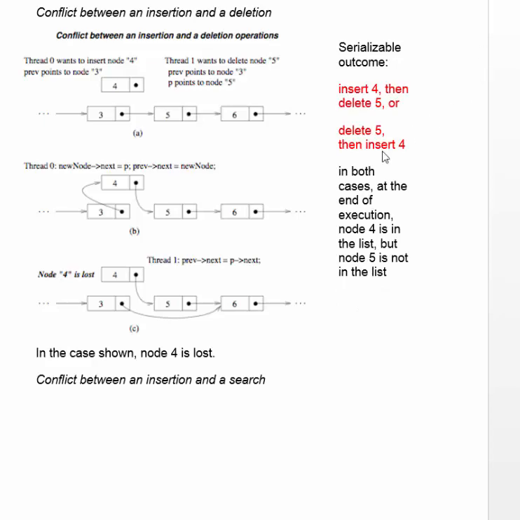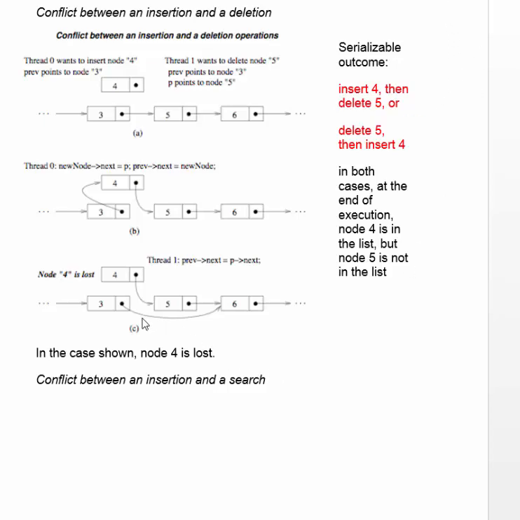That is to say, insert node 4 and delete node 5. That's okay if we have the operations occur in that order. Or delete node 5 and then insert node 4. In any case, the nodes on the list at the end of this execution are going to be 3, 4, and 6. Node 4 is in the list, but node 5 is not on the list.